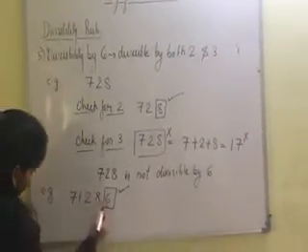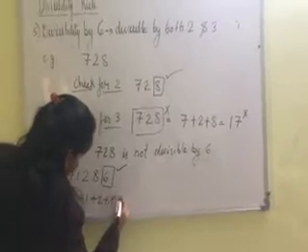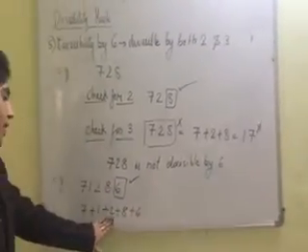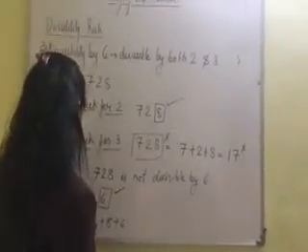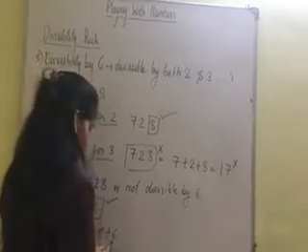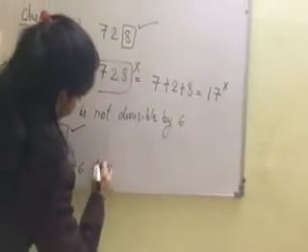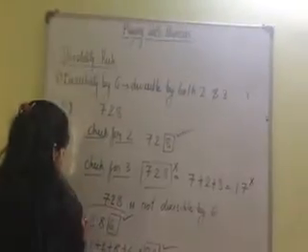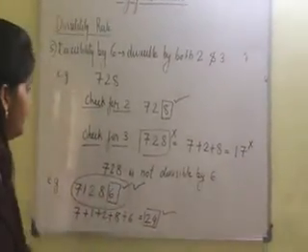And the sum of digits is 7 plus 1 plus 2 plus 8 plus 6, which is 24. 24 is divisible by 3. Yes. It means this whole number is divisible by 6 because it is divisible by both 2 and 3.